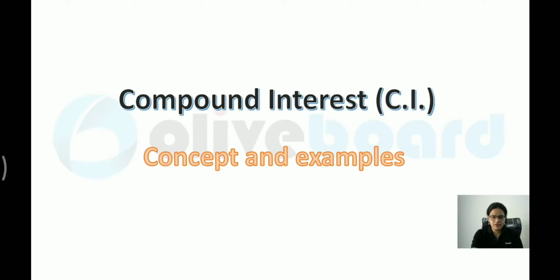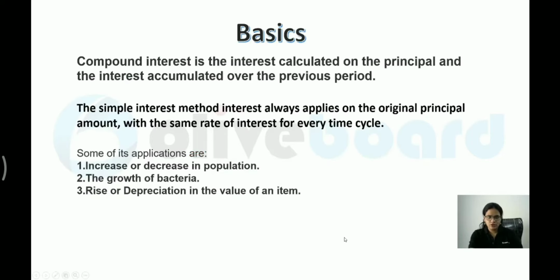In case of simple interest, I told you what it means. When you are calculating simple interest, you calculate interest on the basic principal itself. For example, suppose I deposit 100 rupees in the bank, so at 10% you will get 10 rupees interest. The amount after the first year is 110 rupees.